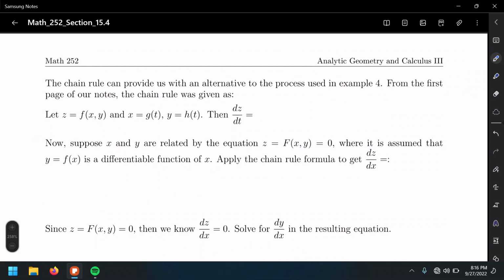Again, from the first page, we got this formula.